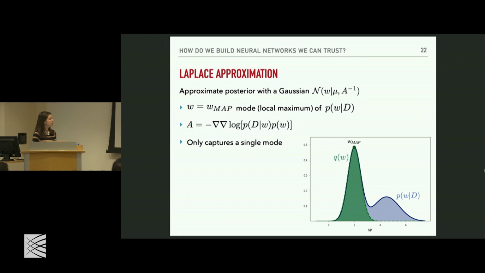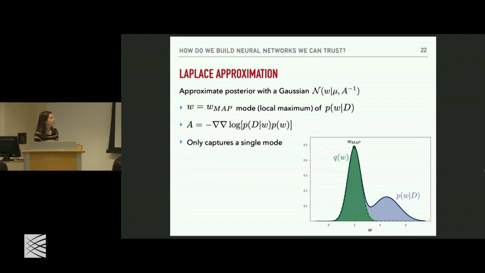We take the maximum a posteriori solution, the peak of one of the modes, and place our Gaussian approximation here, which is shown in green.